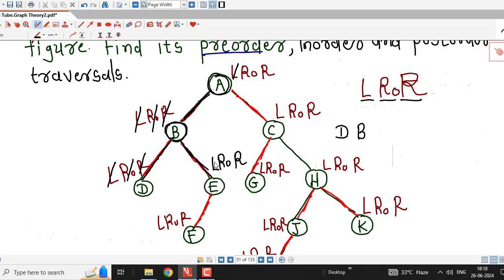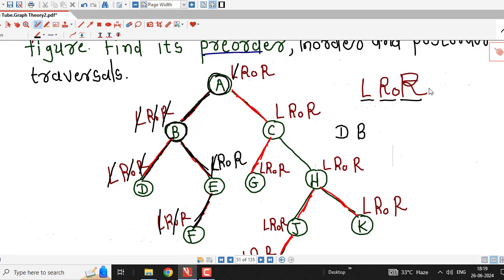Now here also the first operation is capital L, that is we cancel it and we go to the left of E. Here also we cancel capital L and we check whether there is any left subtree of capital F or not. There is no left subtree as well as no right subtree. So the next operation is process the root.